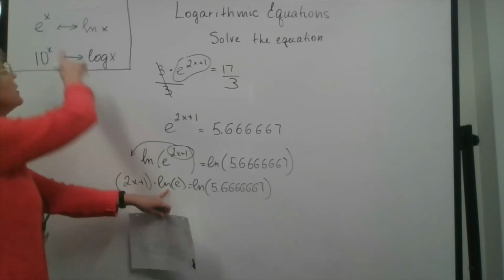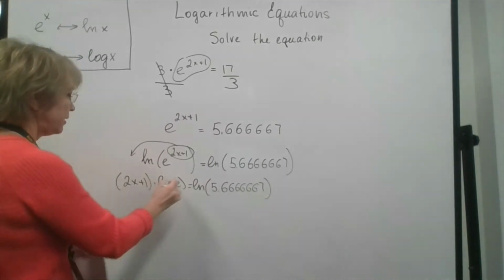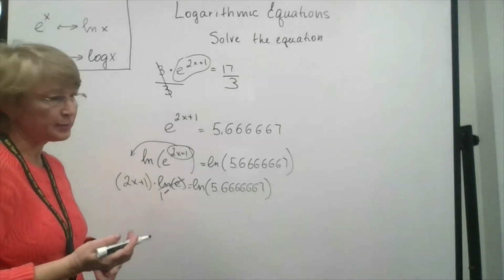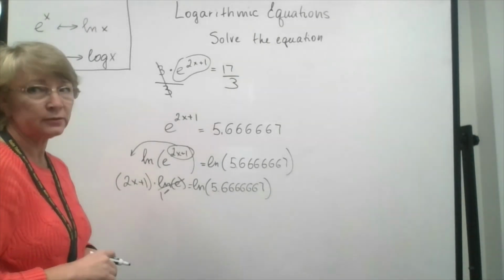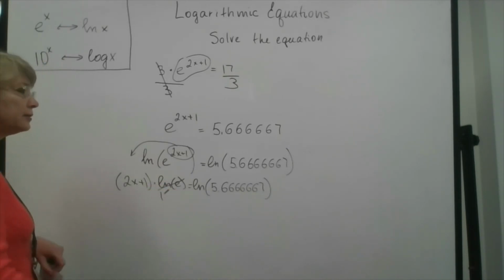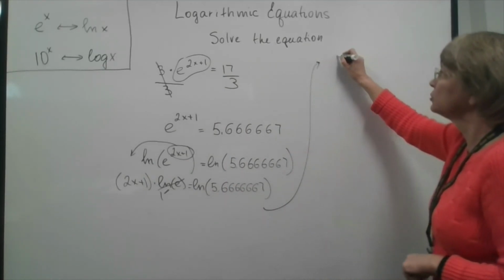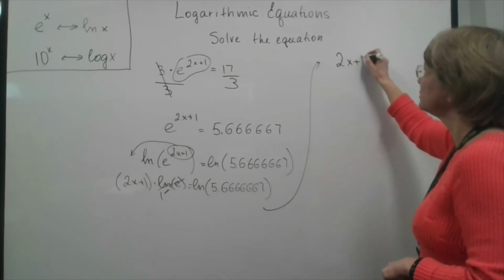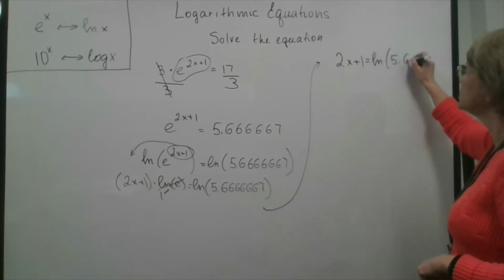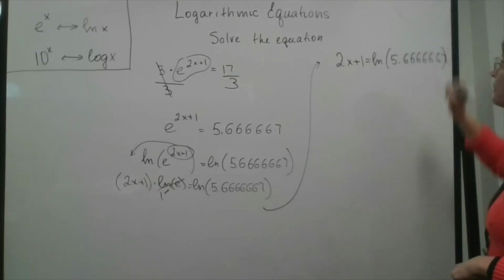We said that e and natural logarithm are opposite. It means it's equal to 1. And if you don't believe me, type it on the calculator and check. Your answer will be 1. So when we multiply by 1, nothing will change. Now my equation is 2x plus 1 equal to natural logarithm of 5.6666667.